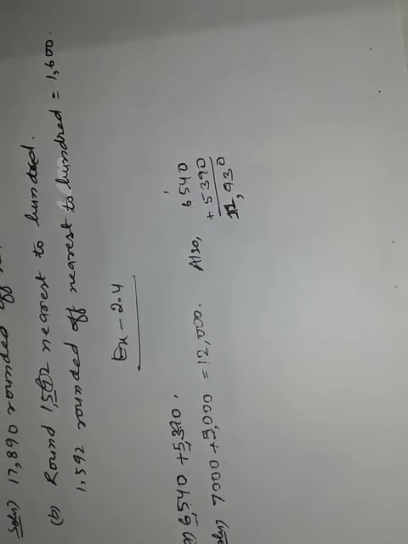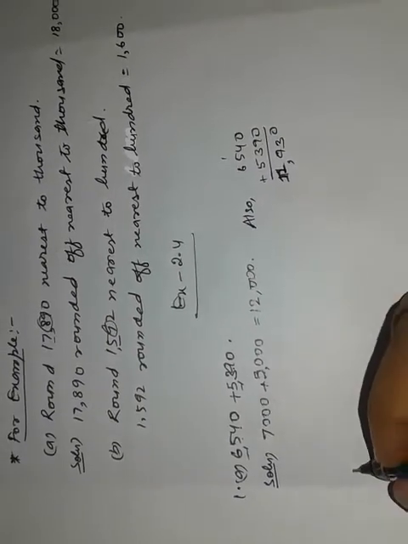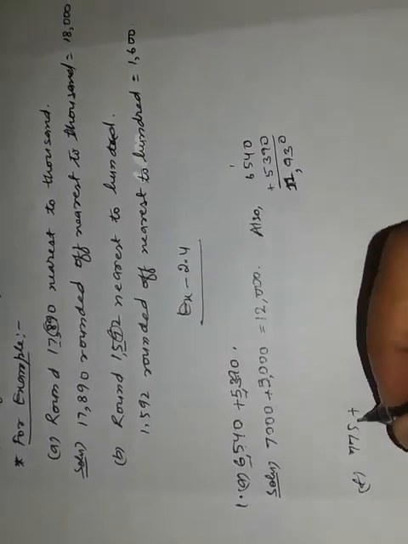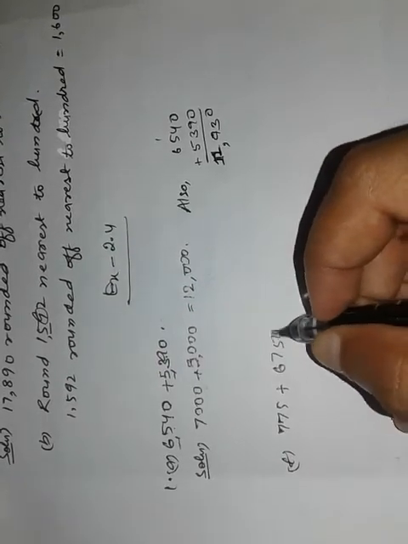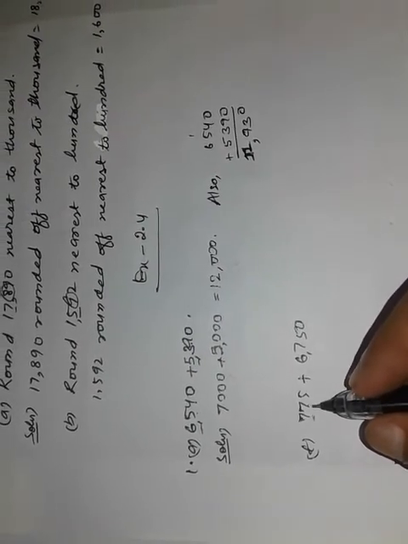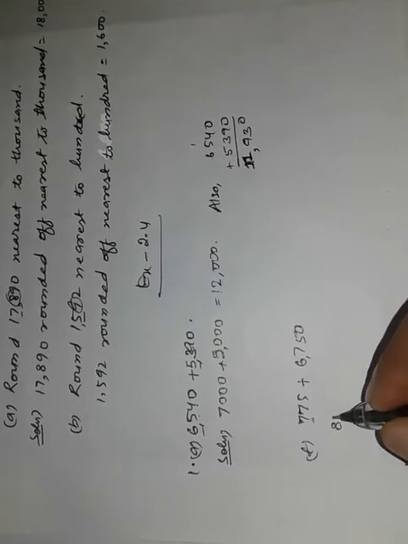Look, some more. Question number F is 775 plus 6750. In this case, this is a 3-digit number and this is a 4-digit number. We have to round the 3-digit number to the nearest 100 and the 4-digit number to the nearest 1000. So 775, when we round it to the nearest 100, becomes how much? 1s, 10s, 100. This is the rounding digit, and after it is 7. 7 is greater than 5, so it becomes 800.